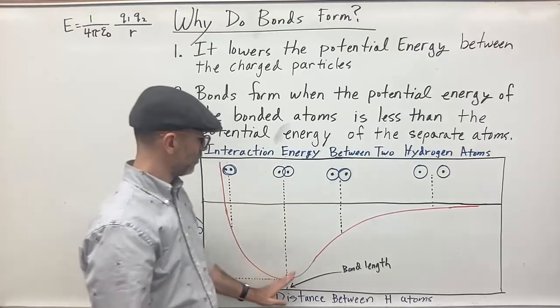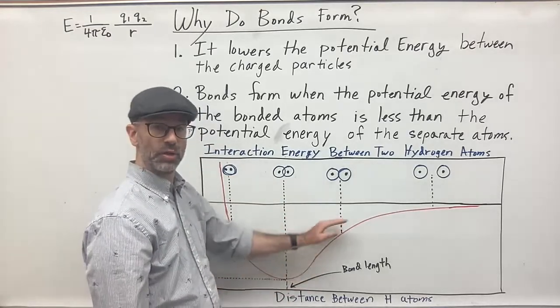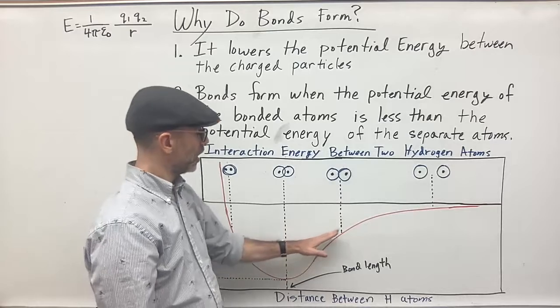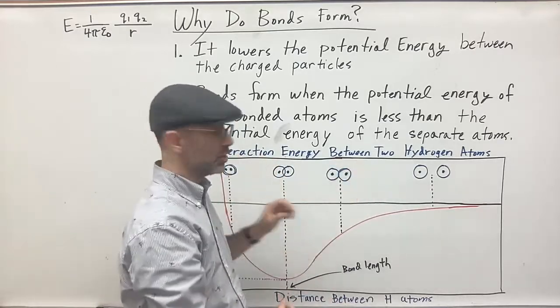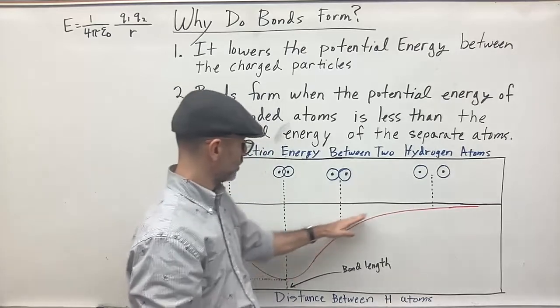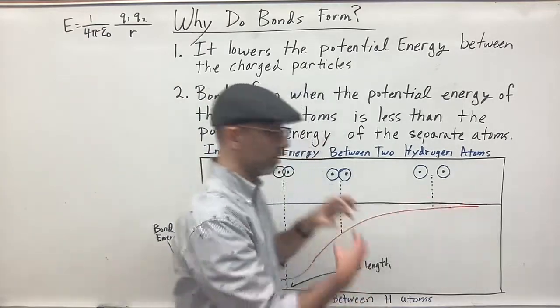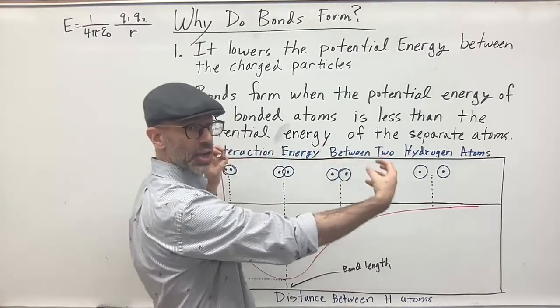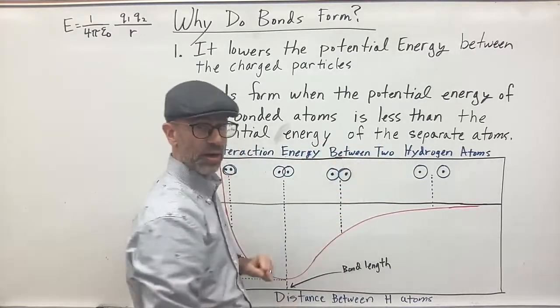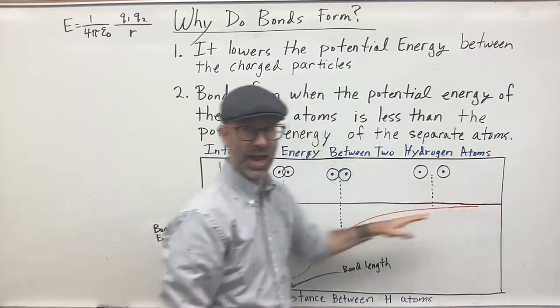The balance is now causing the potential energy of the system to go up until, of course, you separate them fully apart from each other. Then you reach a plateau where the energy change between the two separated atoms is really not going to change much even if you keep separating them. So it plateaus at an asymptote here.